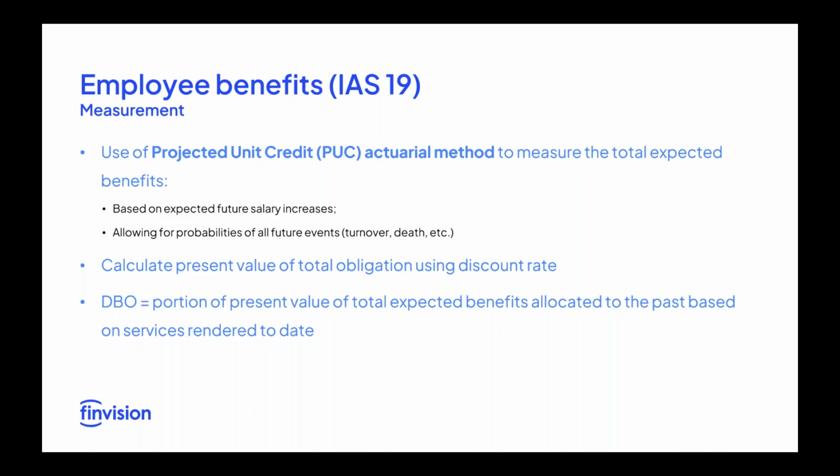Finally, you will calculate what is the gross benefit earned today and discount that back to today with the applicable discount rate, like we discussed a few slides ago. So the DBO is a portion of the present value of the total expected benefit allocated to the past based on services rendered to date.